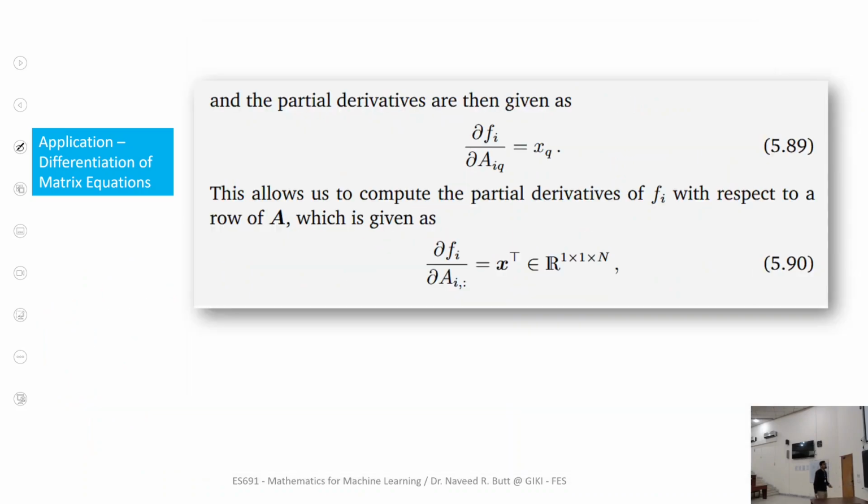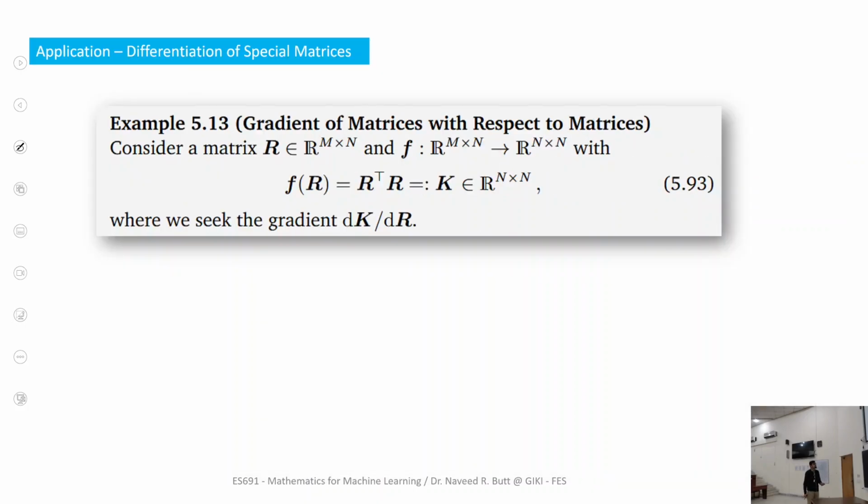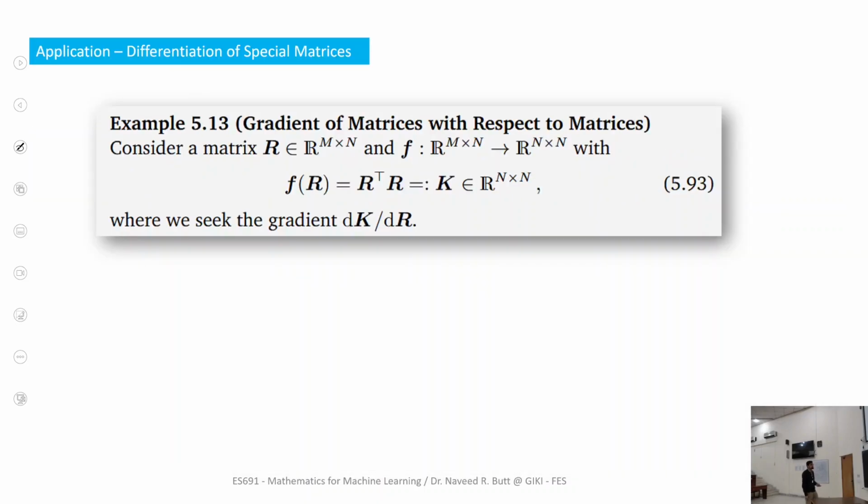So x q allows us to compute the partial derivative with respect to each one of them, and if k is not equal to i, we get 0. You look for patterns and then you keep going. Finally you have the partial of fi with respect to A is these zeros and then x transpose. This is just one of them, so then you have to put all of these together to form the full derivative.